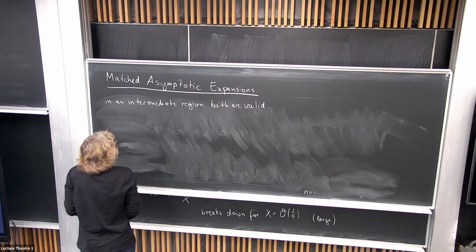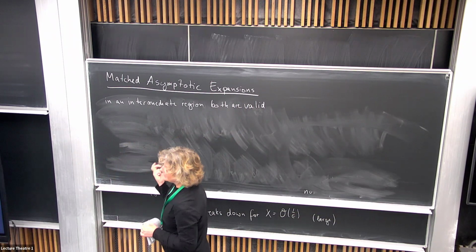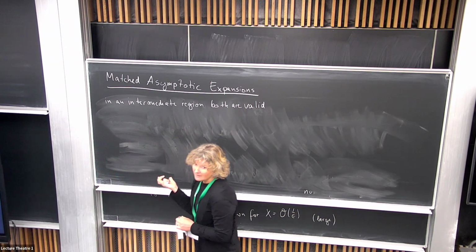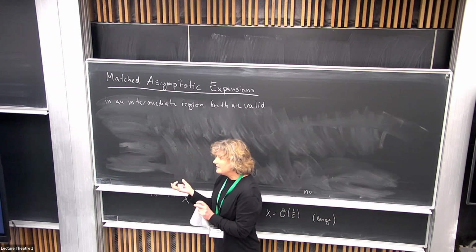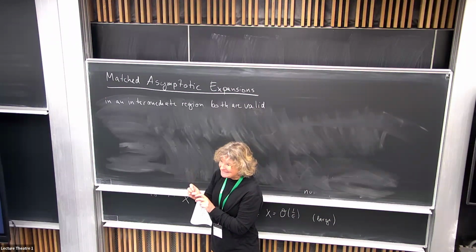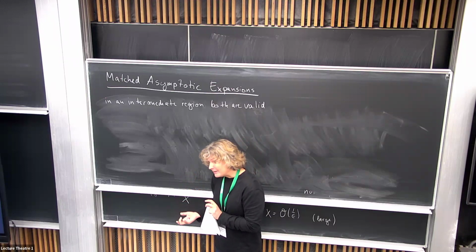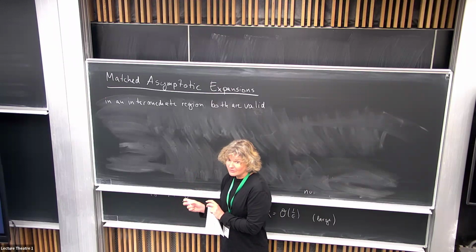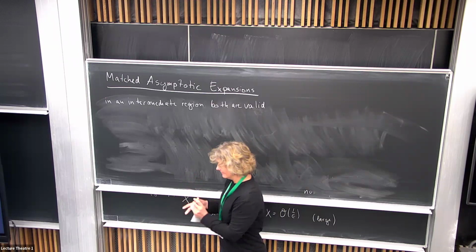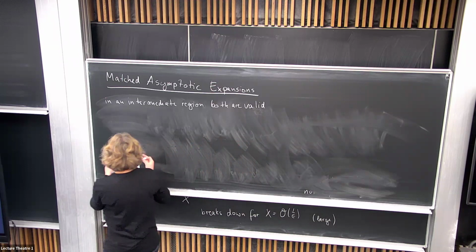And so now we again have to characterize what this intermediate region is. So it should be large big X and small x. And again, to characterize it, we introduce another variable that is scaled so that it corresponds to this intermediate region. But we don't know yet what this scaling is.